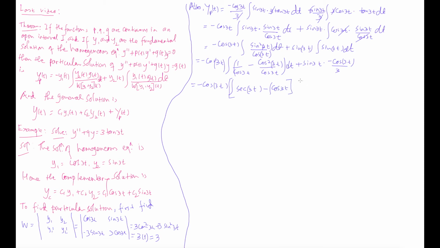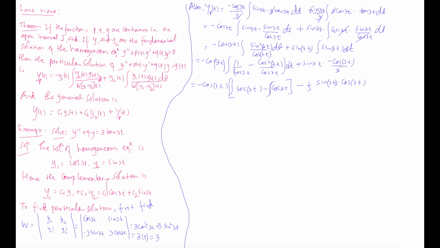That's what it looks like. This is integral, and then plus, that will be minus 1/3. You can write sine 3t times cosine 3t. Does that make sense? So I'm just simplifying that, right?